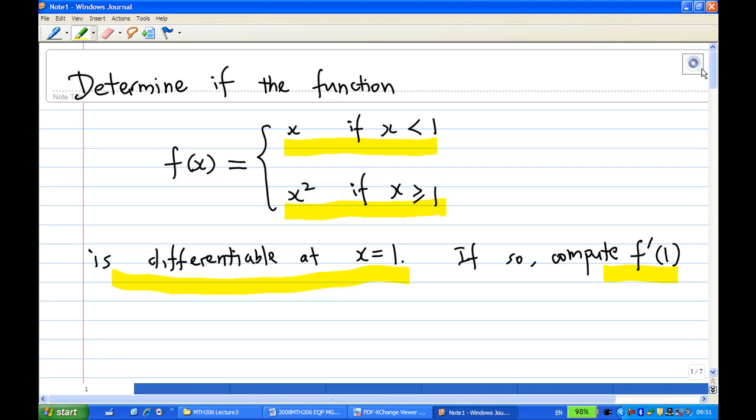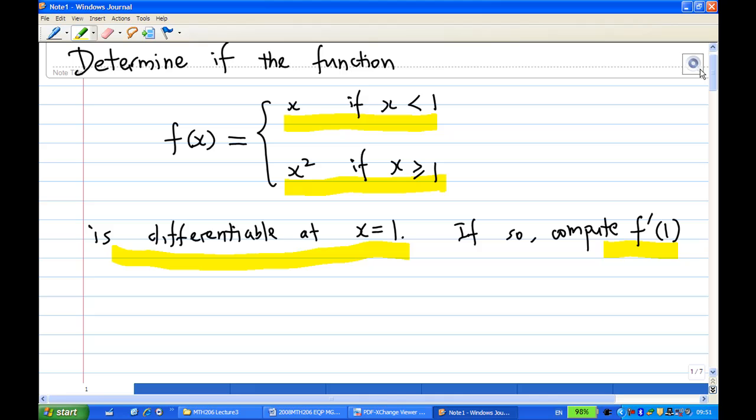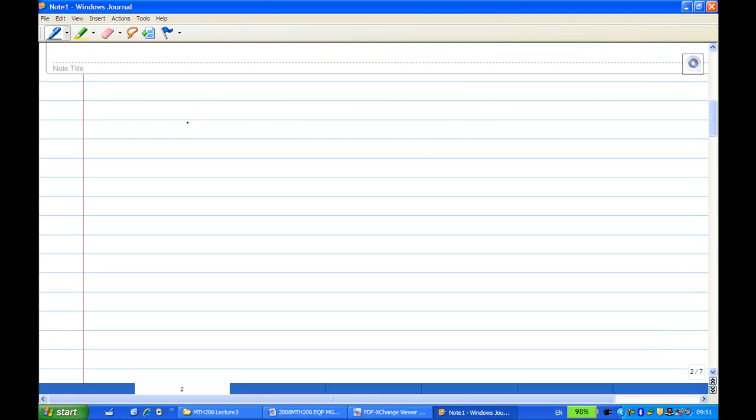So I'm going to set up a quotient. First of all, we're going to check whether the limit of this thing exists or not. That means we're going to look at the limit as h goes to 0 of f of 1 plus h minus f of 1 over h.